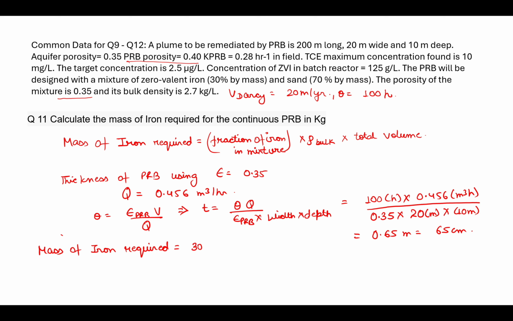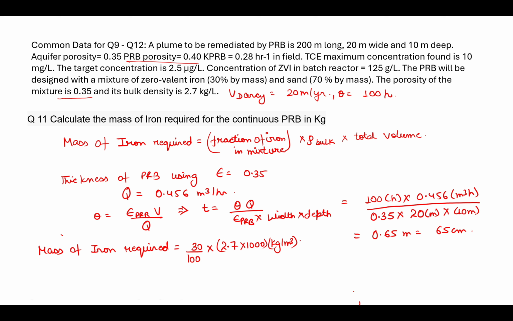So 30 by 100, it will be 0.3, into bulk density of the mixture, that is 2.7 kg per liter. Let's convert this into kg per meter cube. It will be 2700, so we'll multiply it by 1000 to convert it into kg per meter cube.